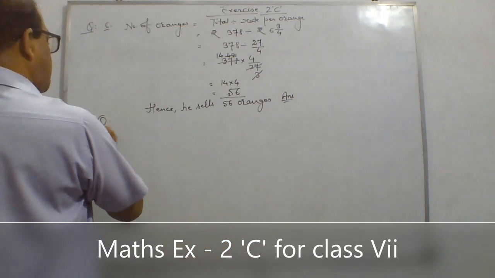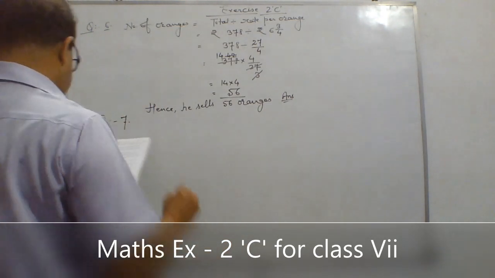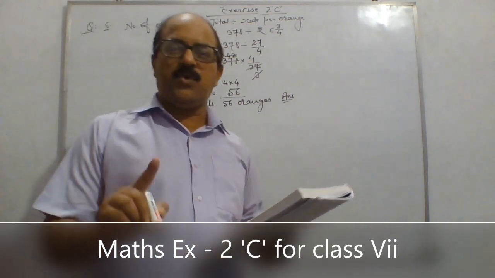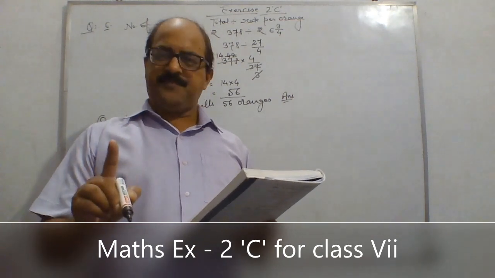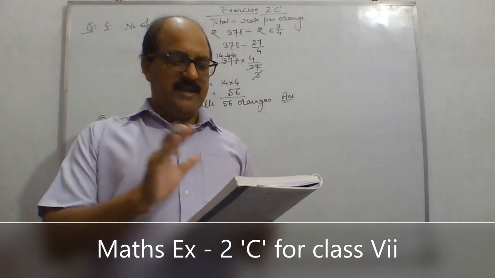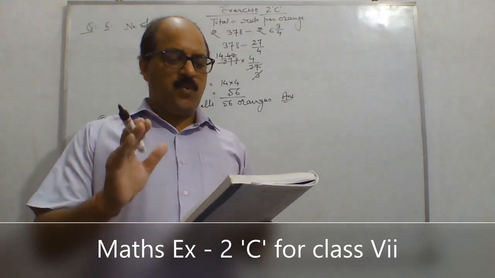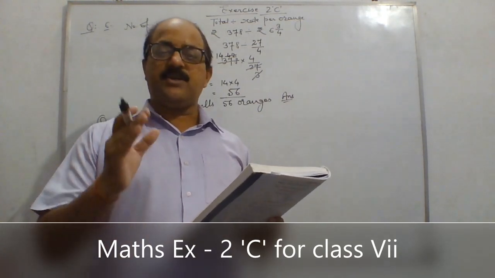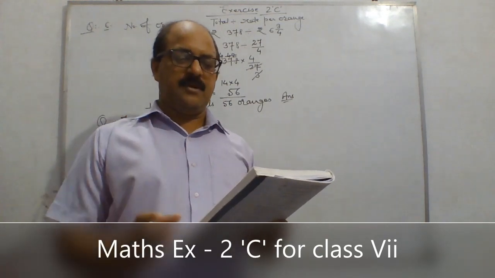Now in question number 7, see here, mangoes are sold at rupees 43 whole 1 by 2 per kg. Here the unit value has been given. What is the weight of the mangoes available for rupees 326 whole 1 by 4?